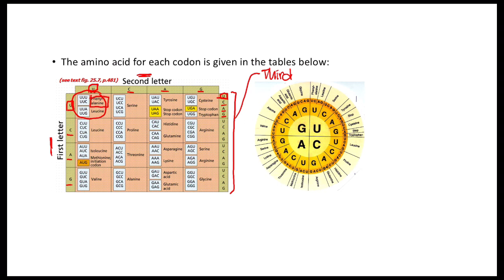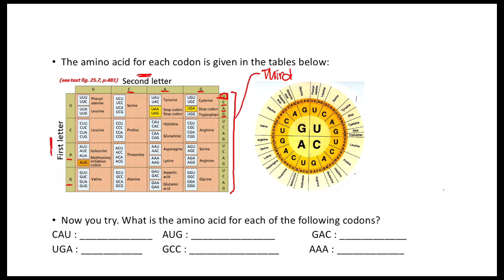That is phenylalanine for the code UUU. Notice with phenylalanine, right here, there are two possible triplet codes that could code for that. UUC is also phenylalanine. If the third letter is changed from a U to a C, it's still phenylalanine.